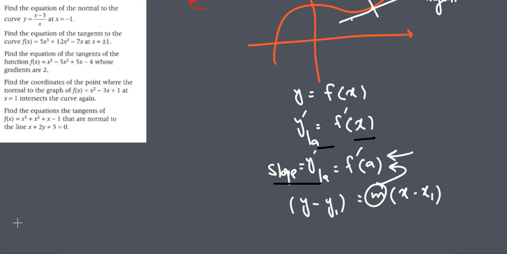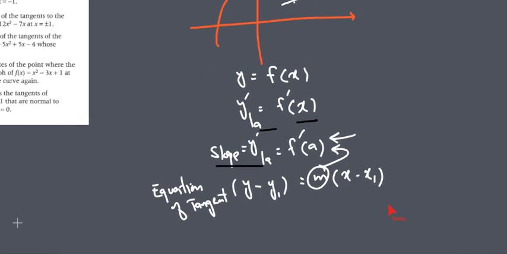We will use this formula to find the equation of the tangent. This is simply the equation of a line.